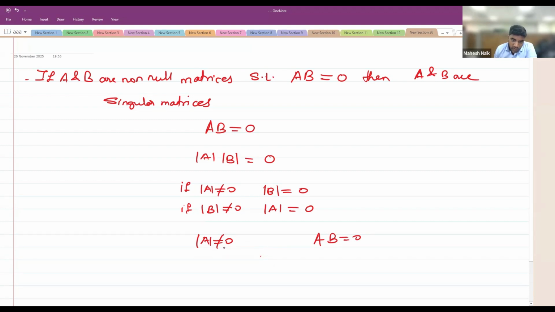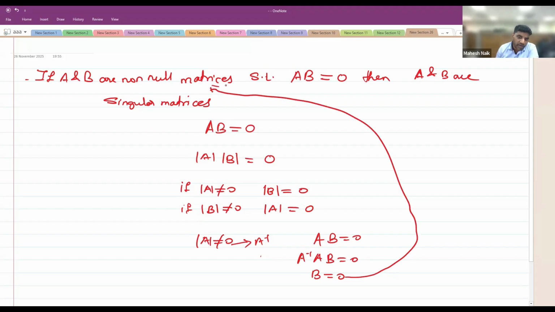The determinant of A being not equal to 0 means A inverse will exist. So if I multiply with A inverse, A inverse A into B will give me B equal to 0, which is a contradiction to the fact that B is a non-null matrix. Which means A and B have to be singular matrices.